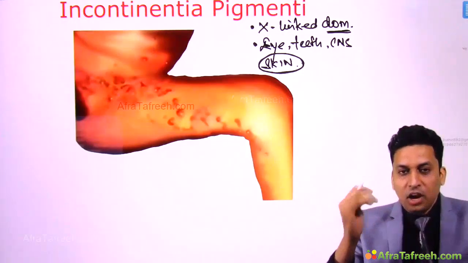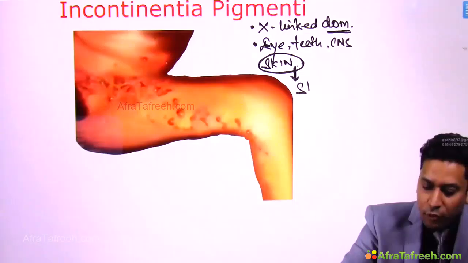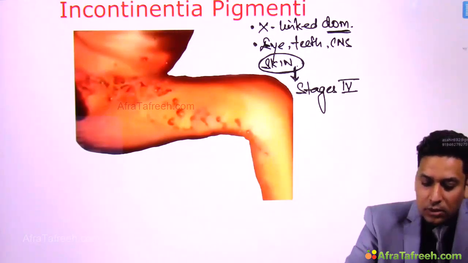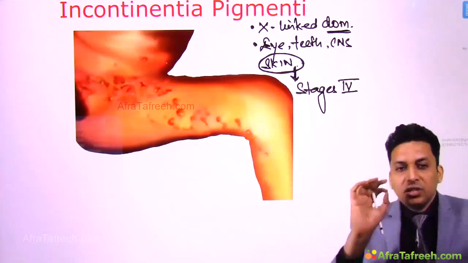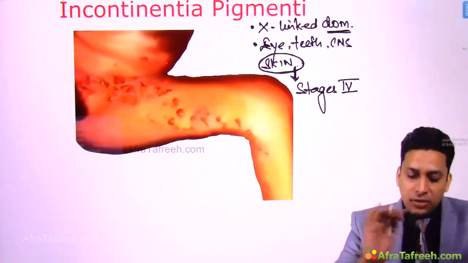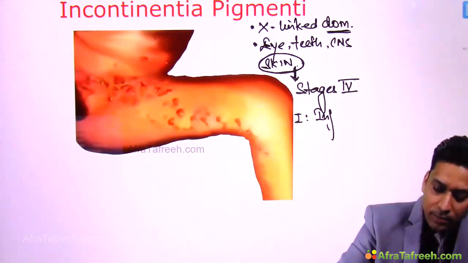Now if we talk about skin, there are 4 stages which are seen. So there are 4 stages of incontinentia pigmenti. You just need to remember one word in each stage. Stage 1 is inflammatory.